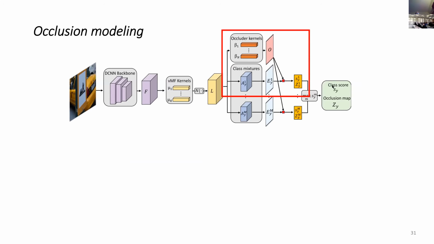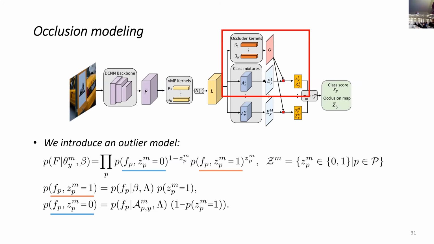But because this is generative, you can introduce occluders into this by allowing for an occluder kernel. So the current model has a process that generates the probability of feature vectors from a model of the object and from a viewpoint.